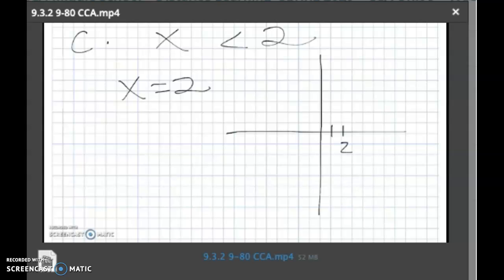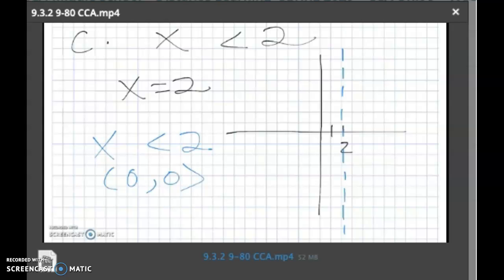So this is the line going through x equals 2. And since this inequality does not have an equal sign, this is going to be a dotted line going through x equals 2. And then if I test a point in my inequality, again, I'm going to do 0, 0 because it's not on my line.